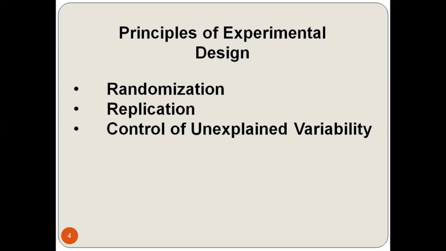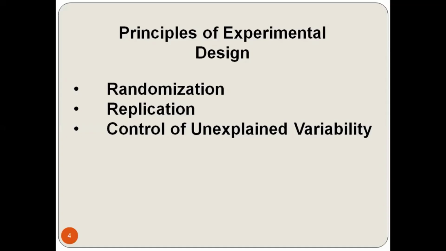Then replication. Replication means we are repeating the same experiment again and again. Same experiment means same treatment. Suppose you have a few treatments on fertilizer, let's say you have zero fertilizer, 10% of the fertilizer as second treatment, 15% of the fertilizer as treatment, 20% of the fertilizer as third treatment, and so on.